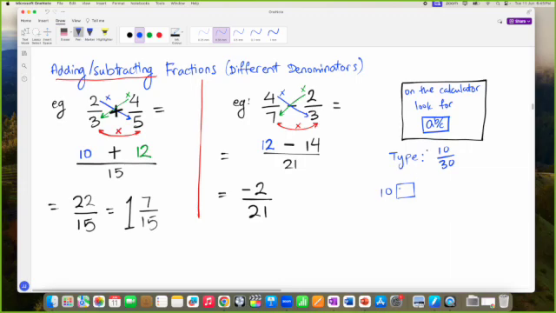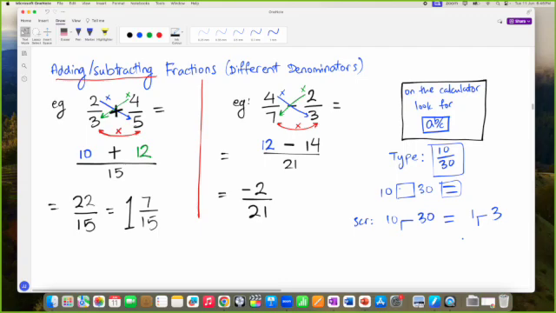I'm not going to write the button, but that stands for the button, and then you put 30, right? On the screen, you will see 10, you'll see this symbol, and you'll see 30. And that means 10 over 30. And then you just press the equal button, right? And then this will turn into this on the screen.